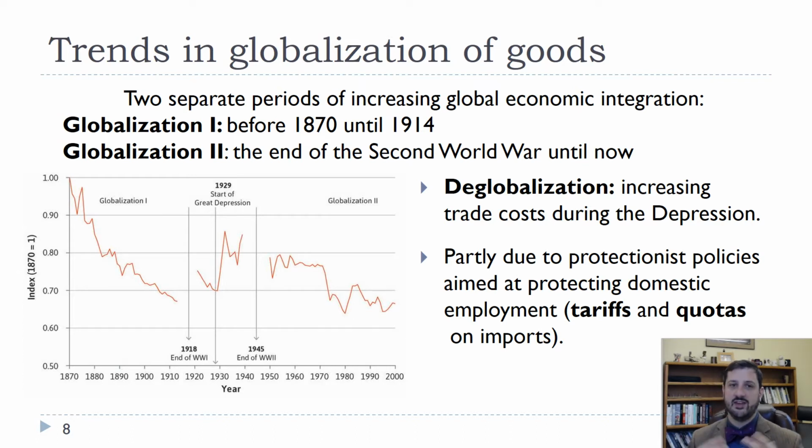Unfortunately, that often had the opposite effect because whenever you try to help your production firms, then you're also going to hurt your exporting firms because other countries are going to put tariffs and quotas on the things that you export.